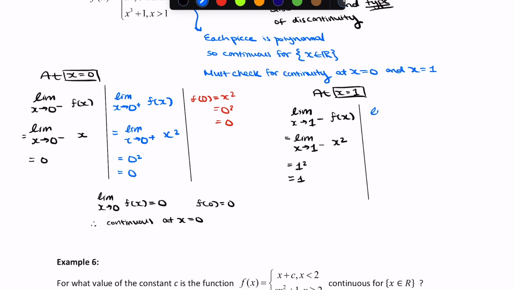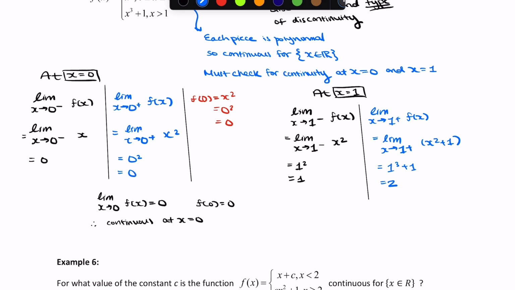The limit as x approaches 1 from the right of f of x is equal to the limit as x approaches 1 from the right of x squared plus 1. So that's going to be equal to 1 squared plus 1, which is equal to 2.